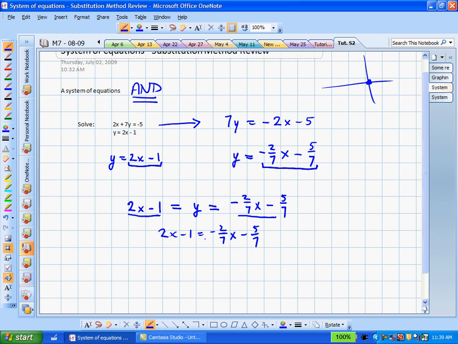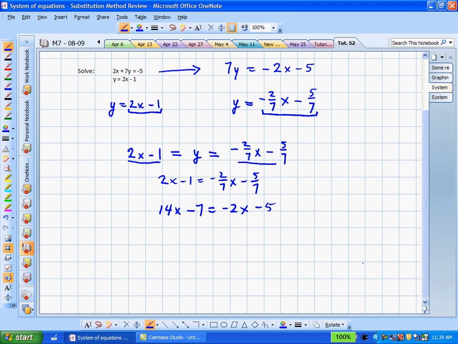If you want to solve this, maybe the simplest thing to do is to multiply to get rid of the denominators. So multiply by 7. We get 14x minus 7 equals minus 2x minus 5. Great.